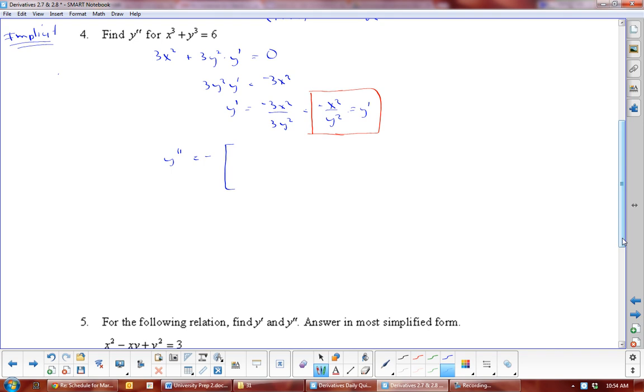Now remember, it's low, d high, minus high, d low, which is 2y, y prime, all over low squared.